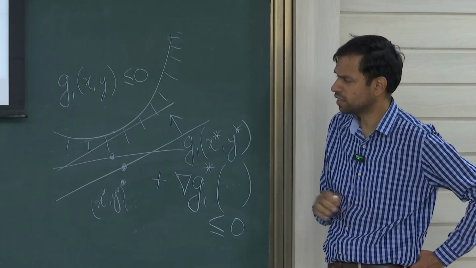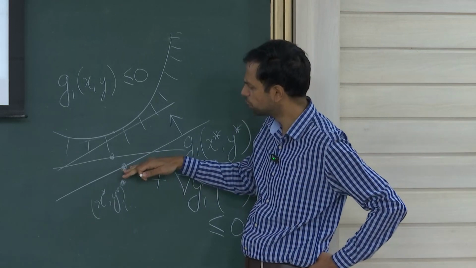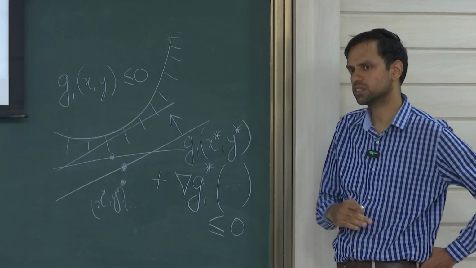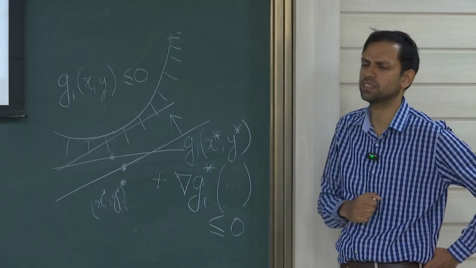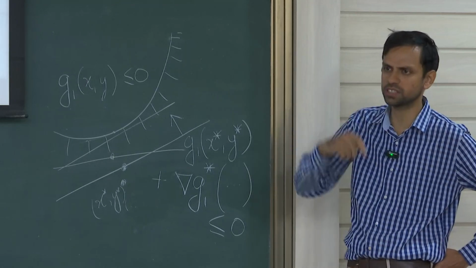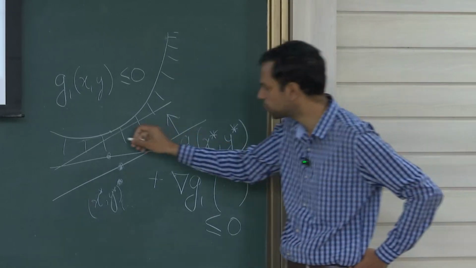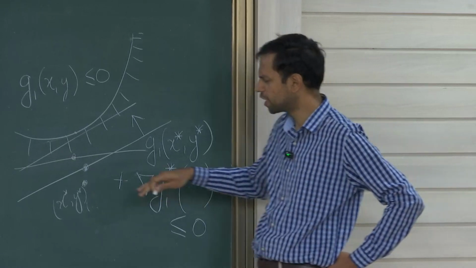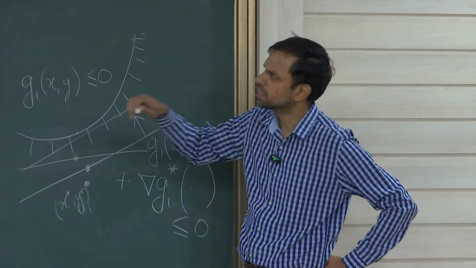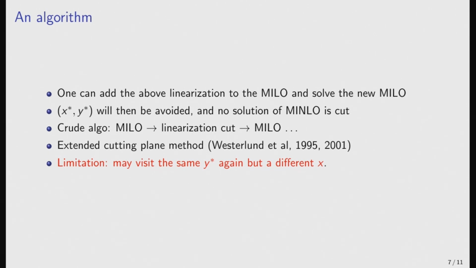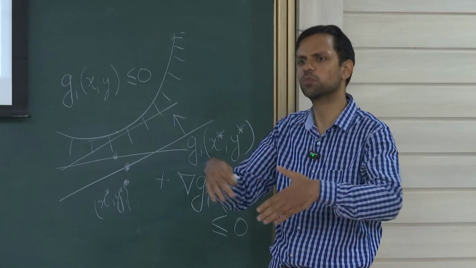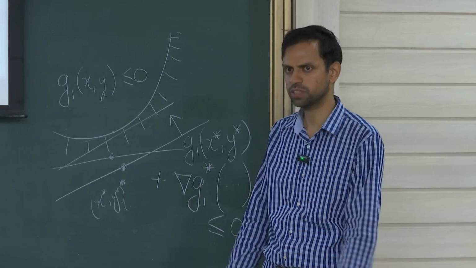So in this method, there is no guarantee that the number of inequalities you have to add is finite. You might add many cuts which are close to each other, and in the limit you might reach the desirable point. Remember that every time we add a few cuts, we have to solve a mixed integer linear program, which might progressively become more and more difficult to solve because I am adding more and more inequalities to it.